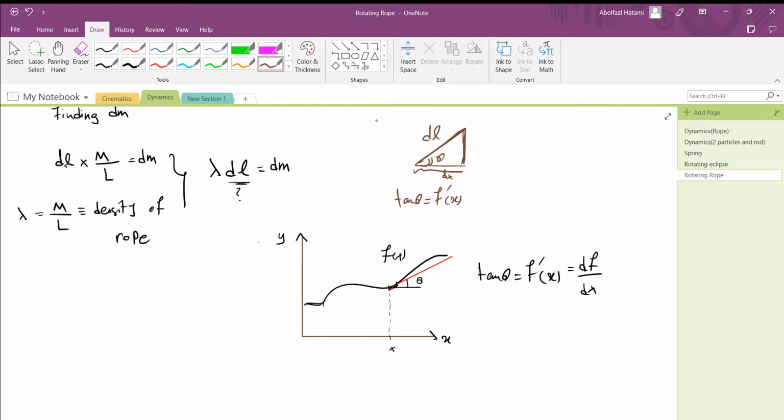Also, with this theta and this x, we should find this dl.